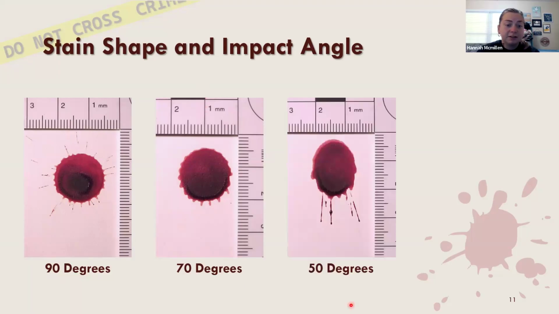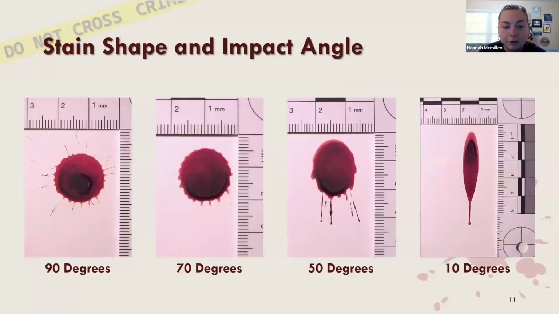Moving to 50 degrees, now we're seeing some scallops as well as those satellite stains. So we're able to follow those satellite stains up and determine the angle at which our blood came from, over here. And then going into 10 degrees, we can see that our stain is now relatively elliptical, and we're seeing that tail and that satellite.